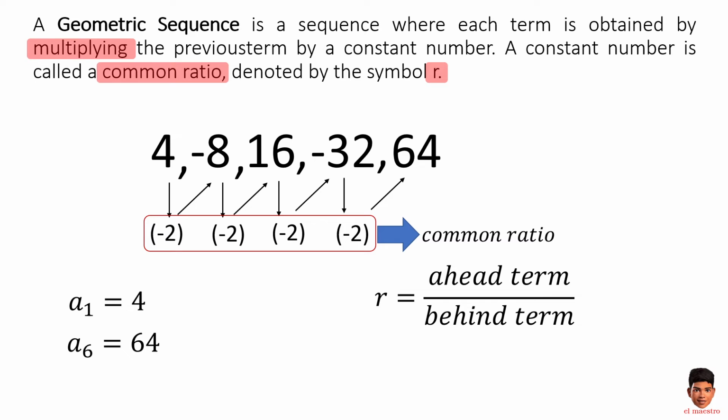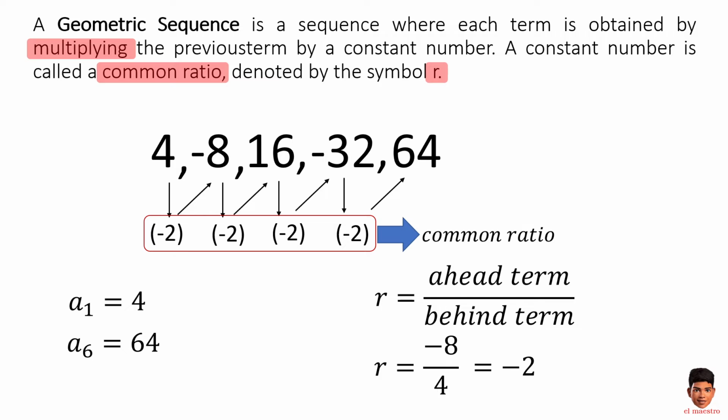Ano yung ahead term? Ano naman yung behind term? Let's have an example. Meron tayong negative 8 divided by 4. Si negative 8 is ahead, nauna, kay positive 4. That is why we have negative 8 divided by 4 and we will get negative 2.